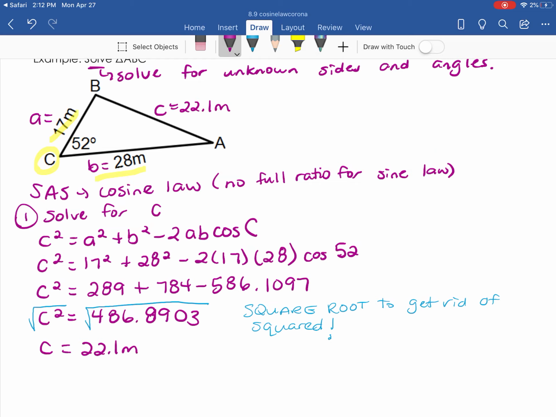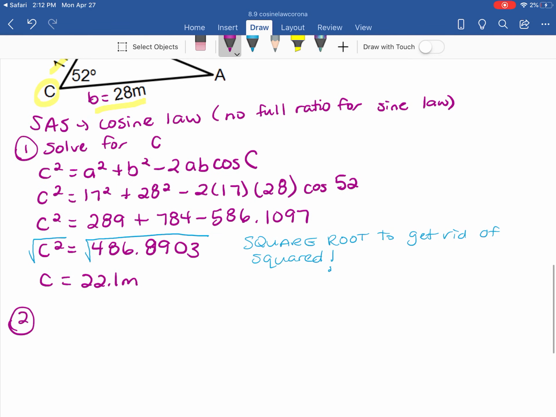Okay, so now we do have a complete ratio. We could technically use the sine law, but because solving for angles is a tiny bit tricky, what I'm going to do is I'm going to use the cosine law still, okay?